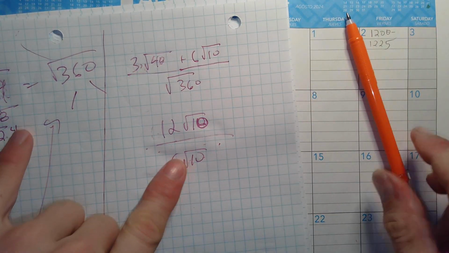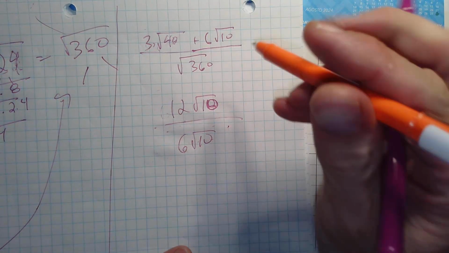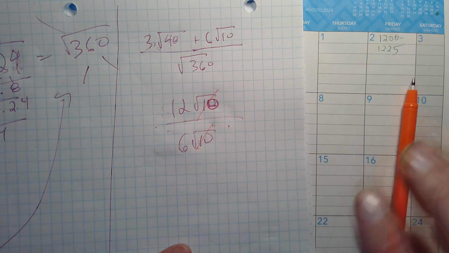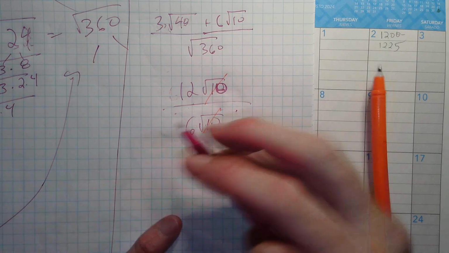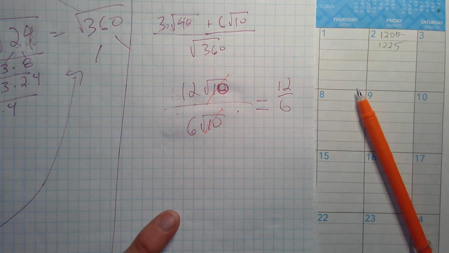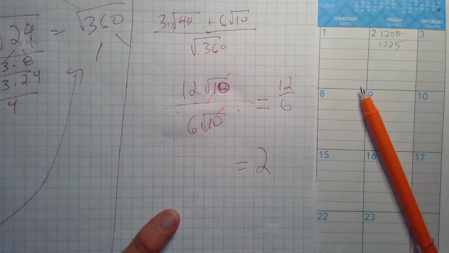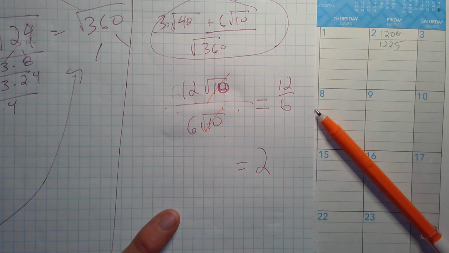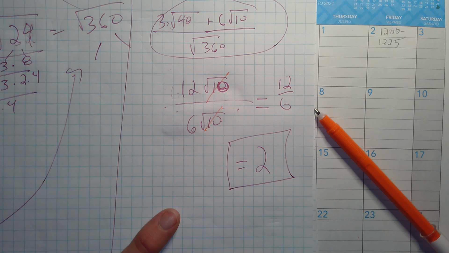So when it was all said and done, I could divide those out. Those 2 square root of 10s would go away, and that would leave me with 12 over 6, which equals 2. So something fairly complicated looking ends up being pretty simple.